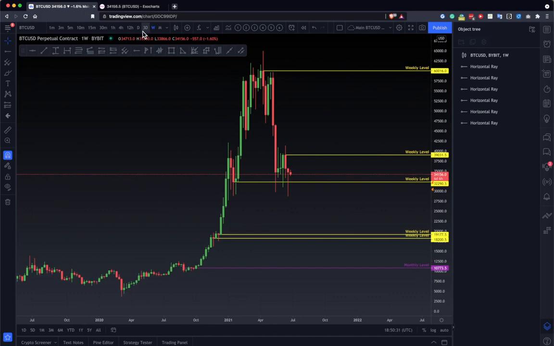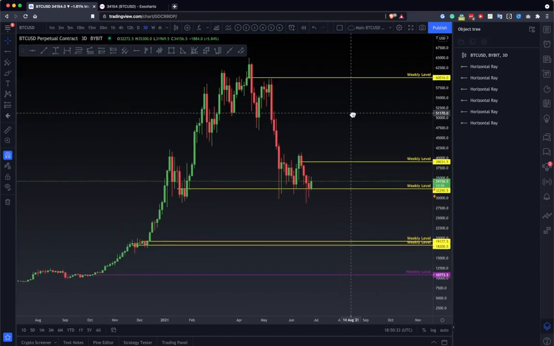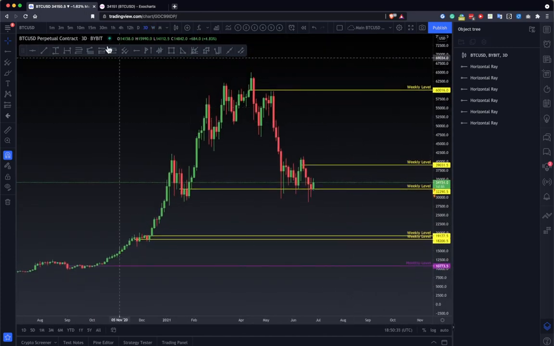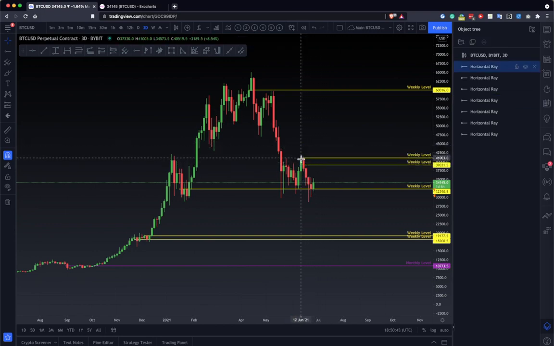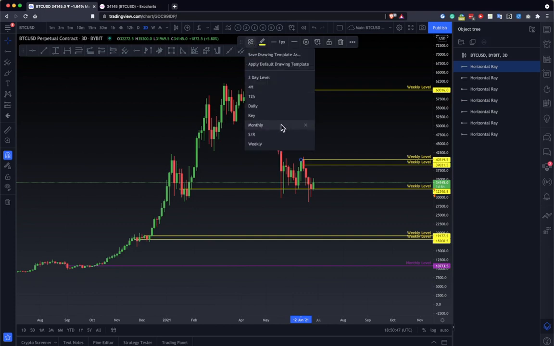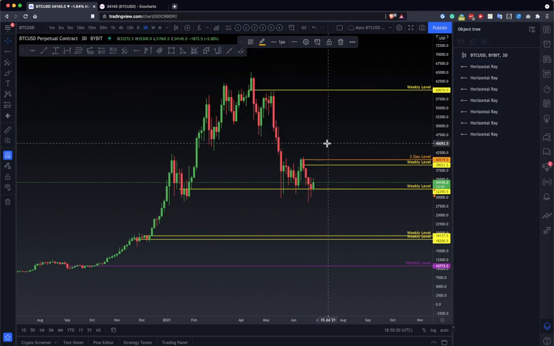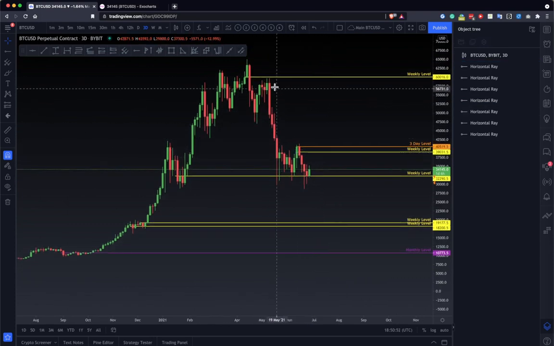Let's go to 3-day. Usually there are a lot of people who won't use these, but I found them very helpful, so I will keep using these. Yeah, so let's go and create a 3-day level here. Let's see if we have any.